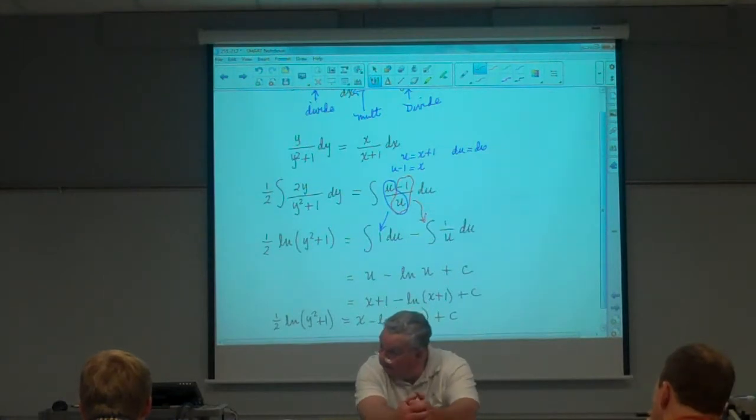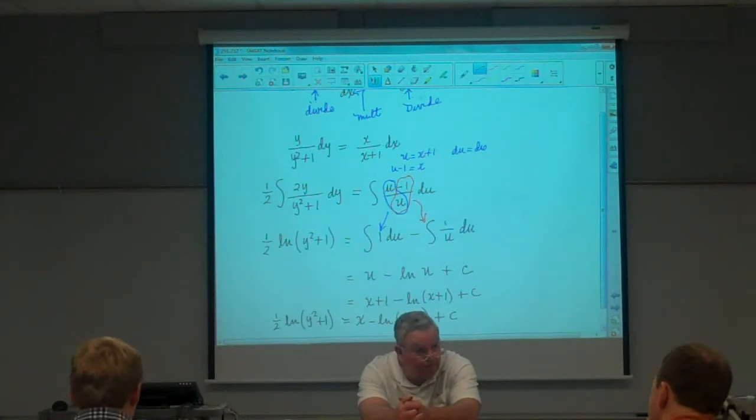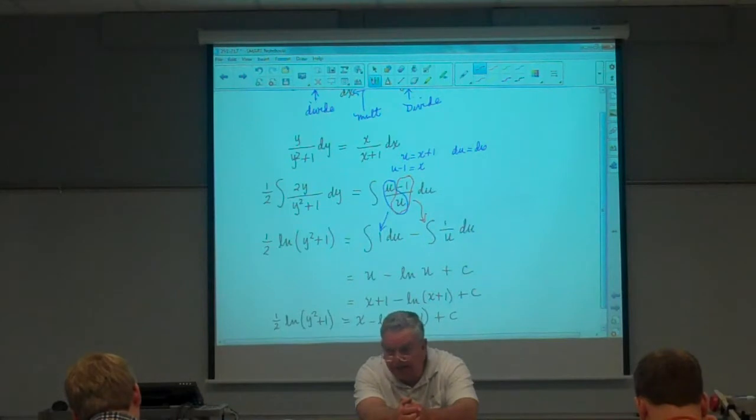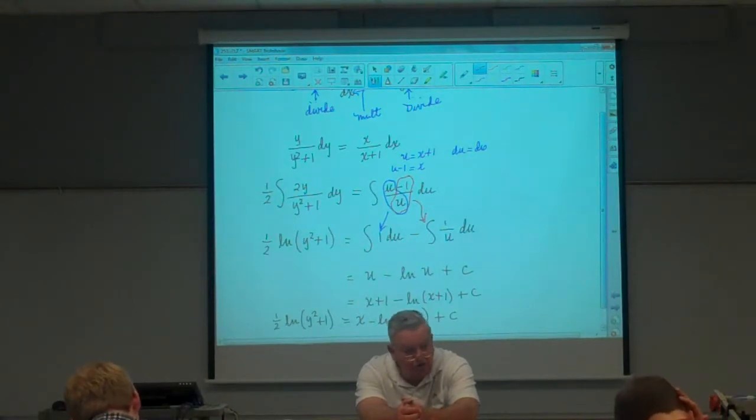Have you got the method of separable variables? They all work the same way. The trick is, look at them and decide a strategy for putting the x's on one side, the y's on the other side, and then the rest of it is Cal 2 integrating. But you're going to see lots and lots of logs.